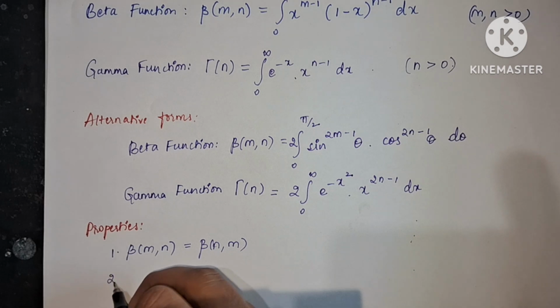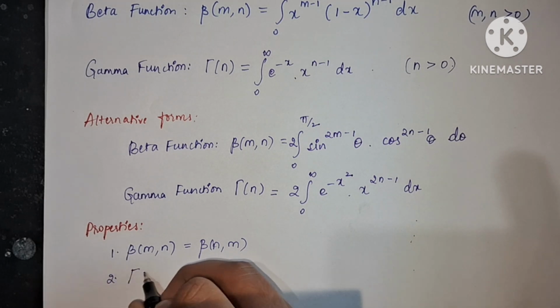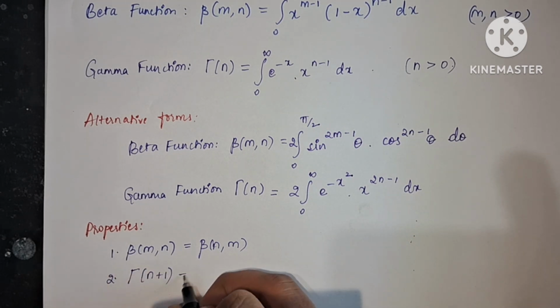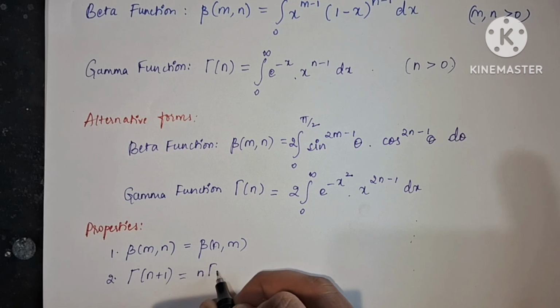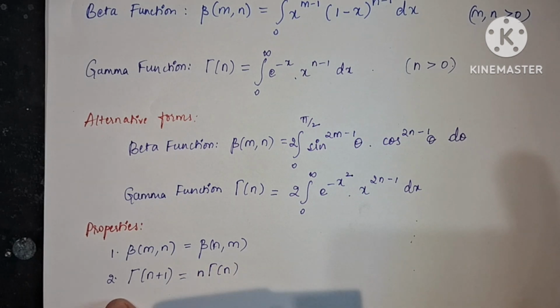Then the next property is gamma of n plus 1 is given by n times gamma of n. This one I can take in one more format. Have a keen observation here.